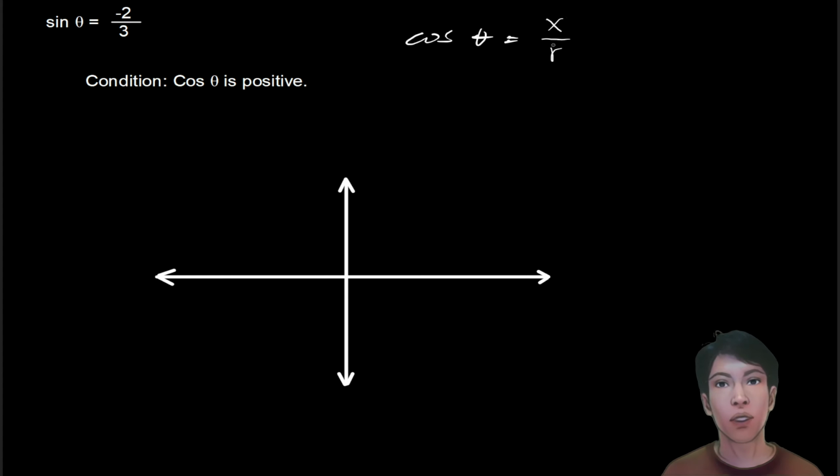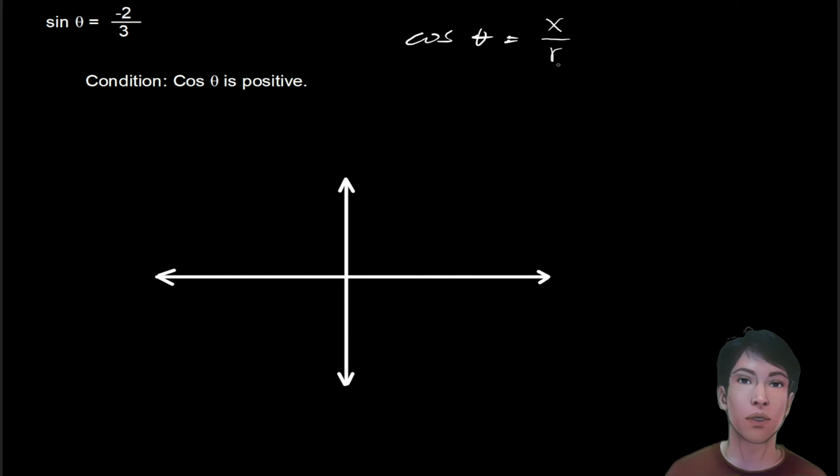So for now, I will be taking r to be always positive. So x and y can be positive or negative. For cosine theta to be positive, x should be positive.